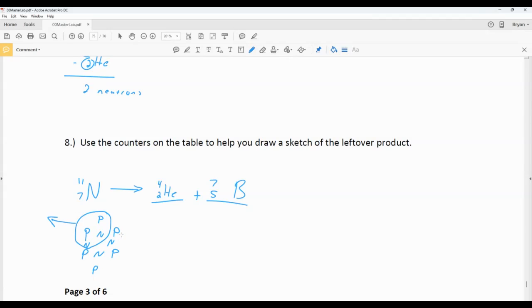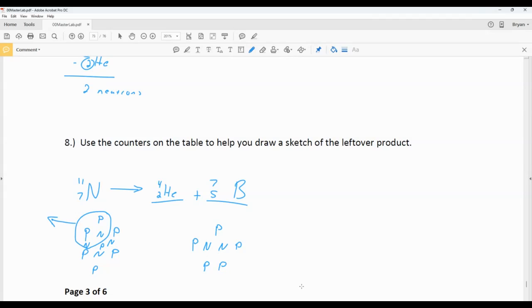And if we look at what's left over then 1, 2, 3, 4. Oh, I didn't draw enough protons. There we go. 1, 2, 3, 4, 5 protons. And they're not really going to be distributed like this. It's just to have something to draw. And then the nucleus is going to have 2 remaining neutrons.